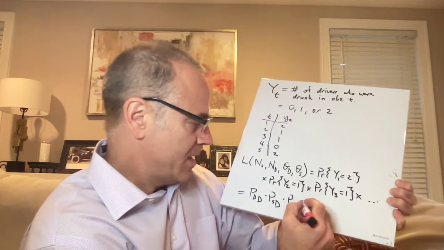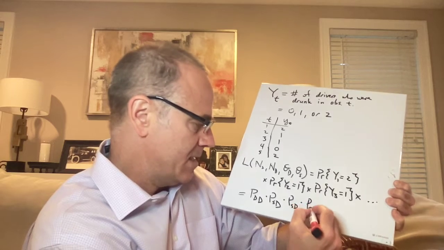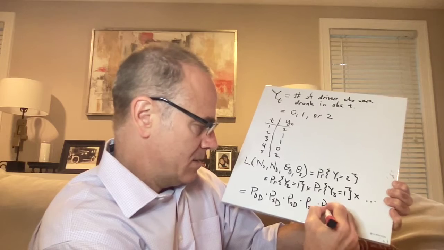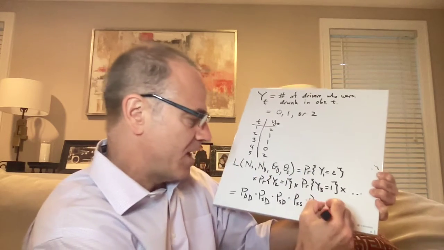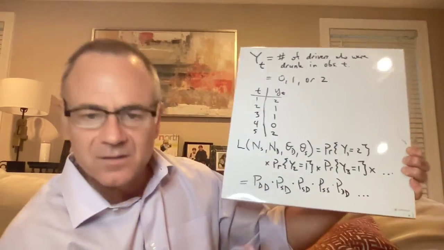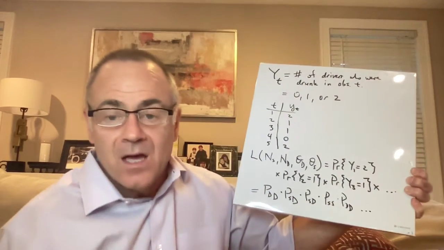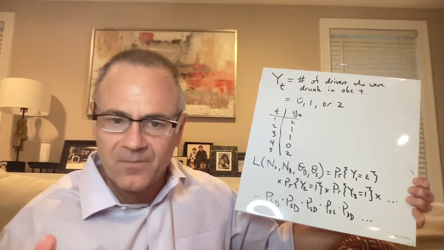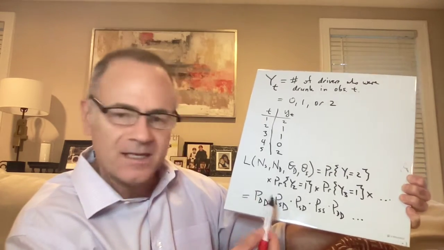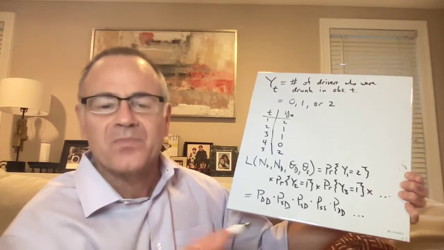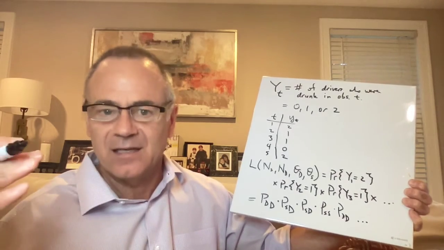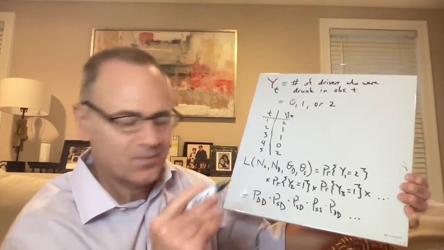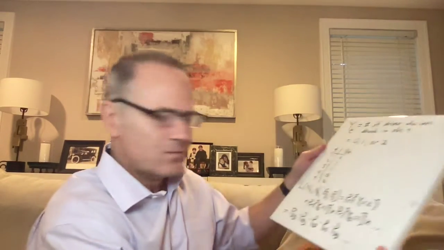The fourth had 0, so it's PSS, and then times PDD. I'm assuming there are a lot more observations than 5. So that's what our likelihood function is going to look like. All that's left is to write these P terms as functions of NS, ND, theta D, and theta S.